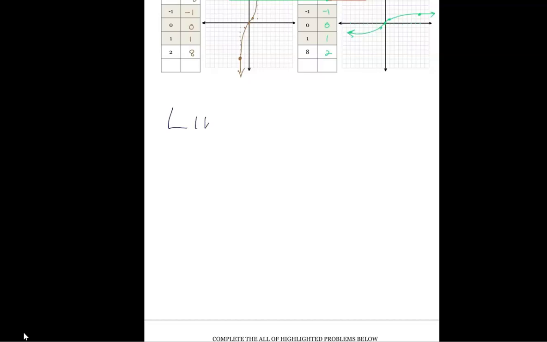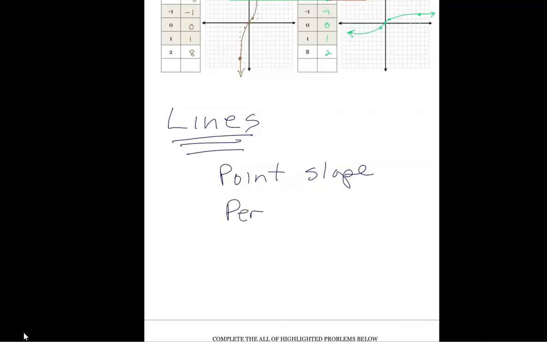You've got to know all the lines. You've got to be able to put an equation into the form we tell you, and we're going to use a lot of point slope. You have to know how to deal with perpendicular lines and parallel lines. You have to know how to go between forms.